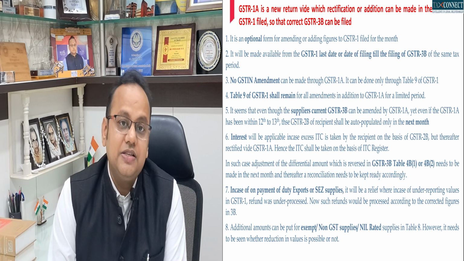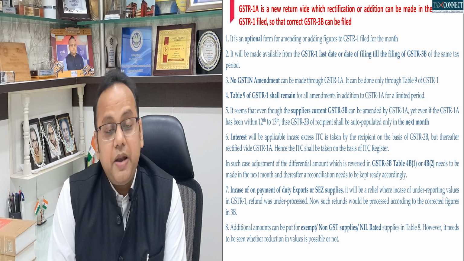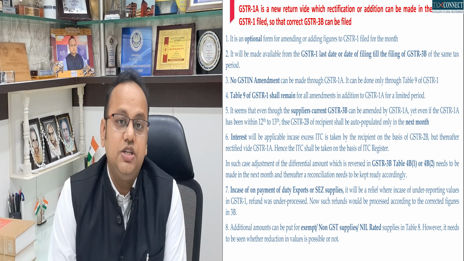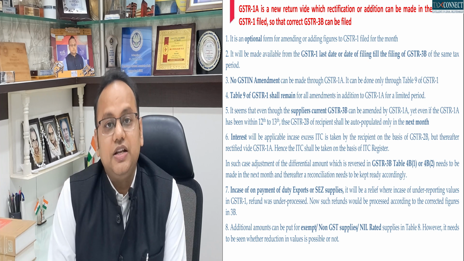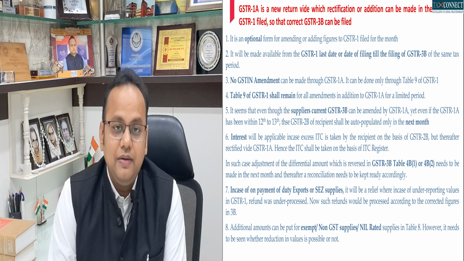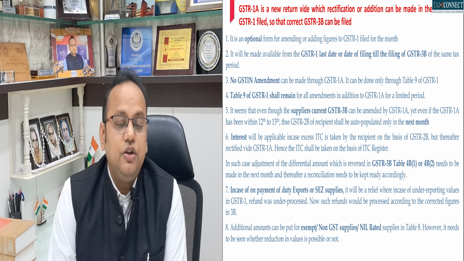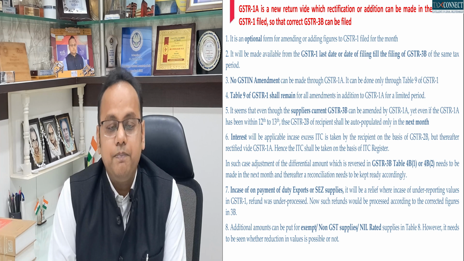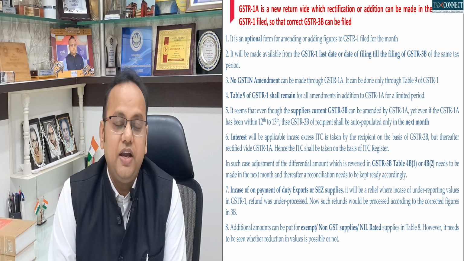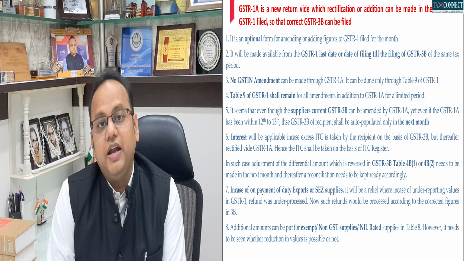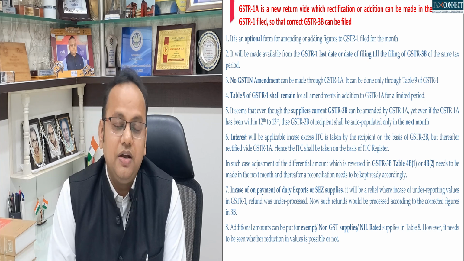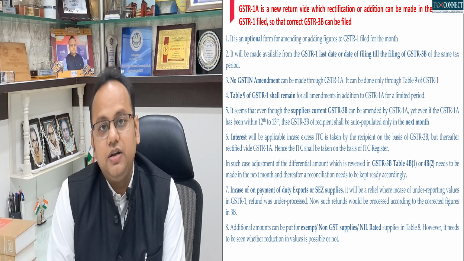That is, in case a supplier wrongly discloses the GSTIN of the recipient in its GSTR-1, then it cannot be rectified in the new form GSTR-1A. It has to be rectified only in table number 9 of GSTR-1 in the subsequent months.